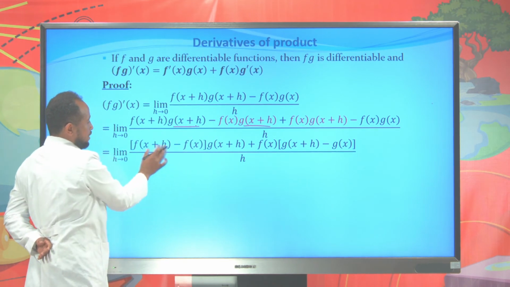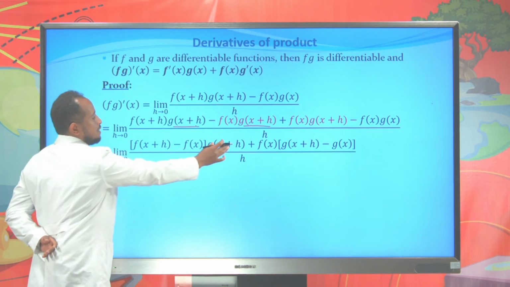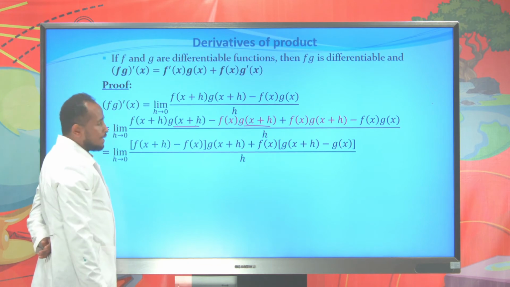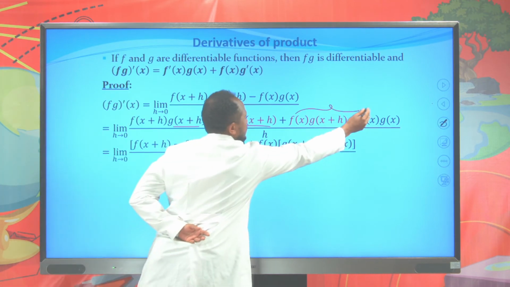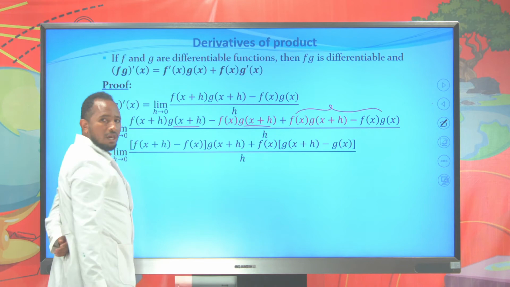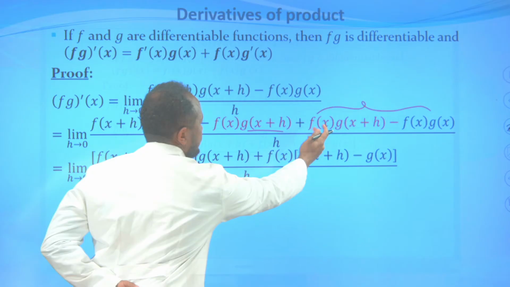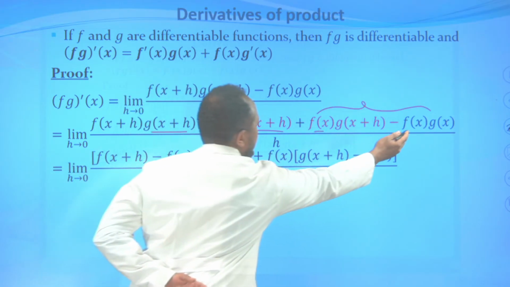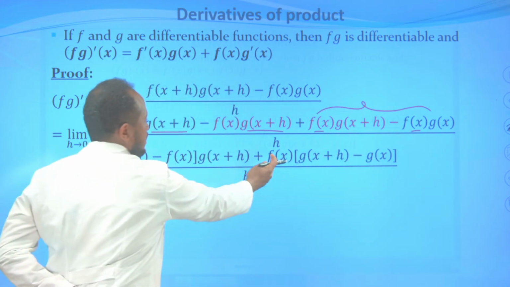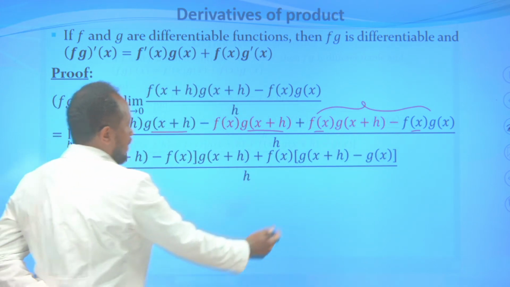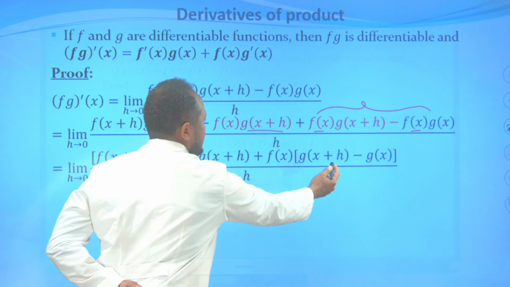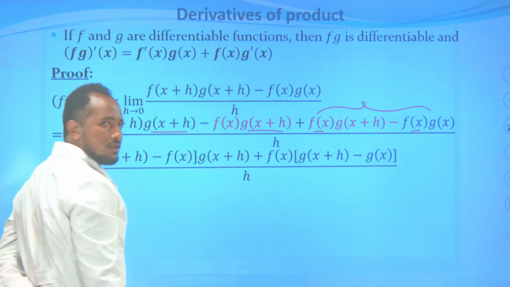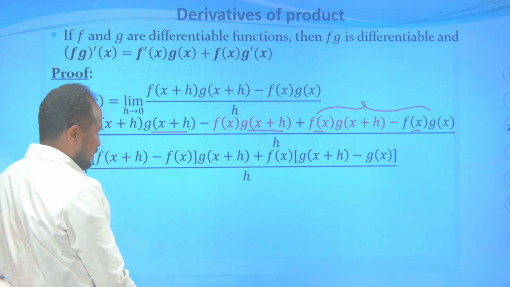So we have f of x plus h minus f of x times g of x plus h. And from this part, let's factor f of x. Because we have f of x here and there, factoring f of x, the remaining part will be g of x plus h minus g of x over h.